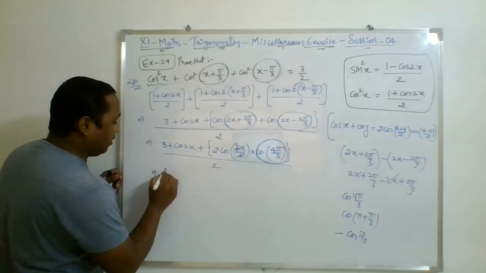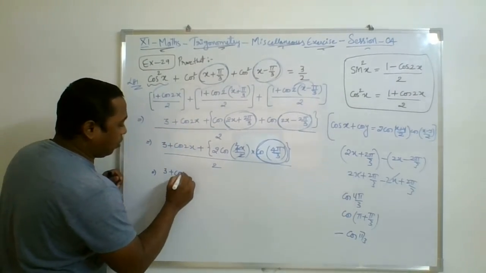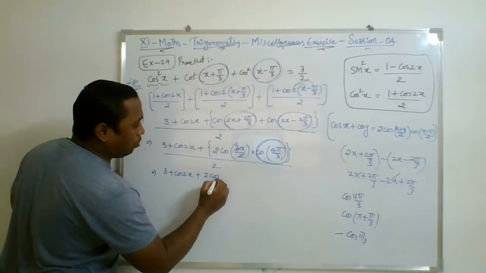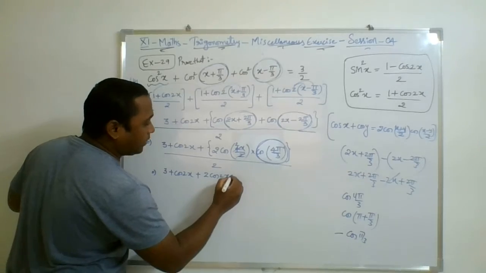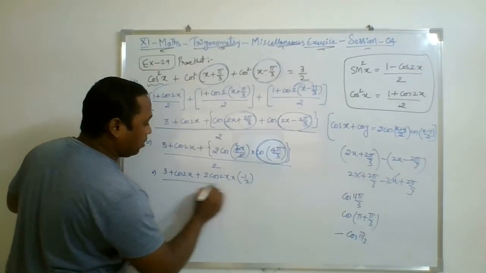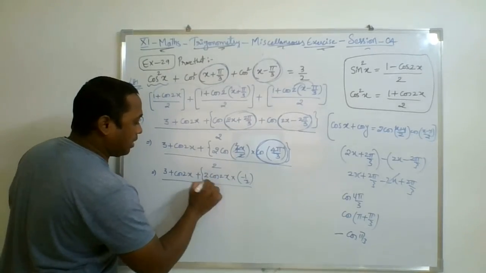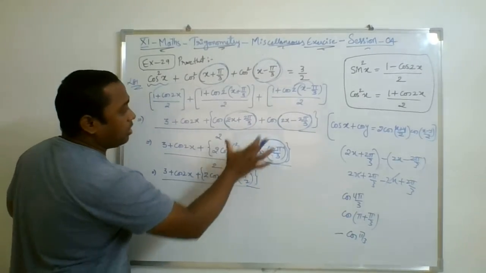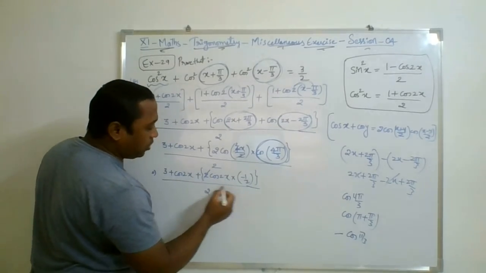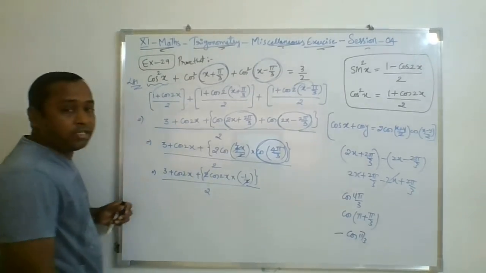So I am writing here 3 plus cos 2x plus what is left? 2 cos 2x into minus 1 by 2 upon 2. These are just the values moving in over here. So this coefficient 2 and this 2 will get cancelled.